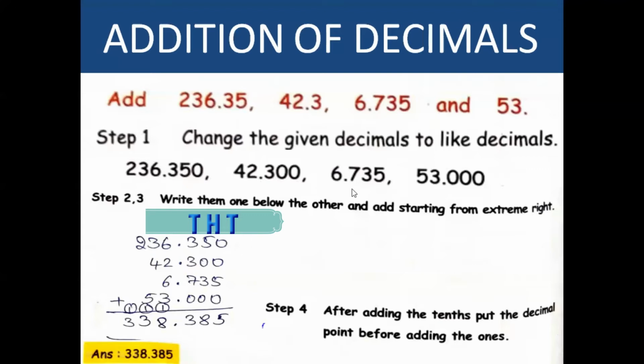We don't need to add any zeros, we already have three decimal places. 53 point, we don't have any decimal places, so we have to add 000. Next, write them one below the other and add starting from the extreme right.